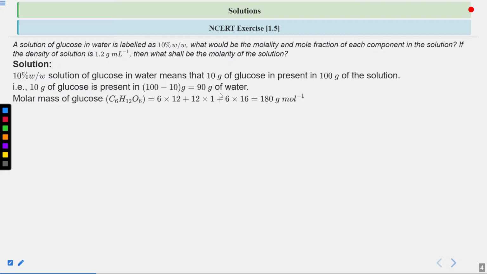Our next goal is to calculate the molality. For that, we need the number of moles of glucose. So we calculate the molar mass, which is 6 into 12 for carbon, 12 into 1 for hydrogen, and 6 into 16 for oxygen. That gives you 180 gram per mole.